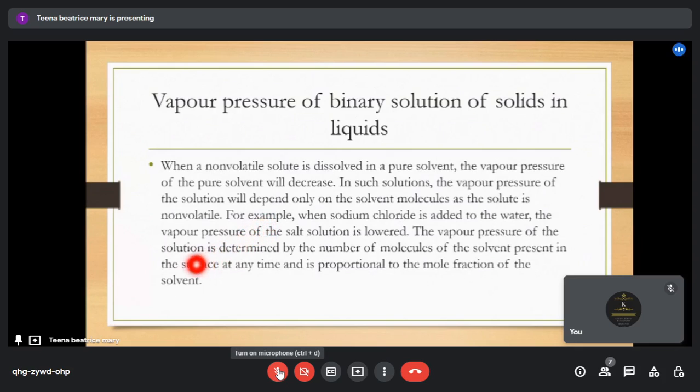So the vapor pressure of the solution is determined by number of molecules of solvent present in the surface at any time. So surfaceல இருக்க solvent தான் higher amount நமக்கு வந்து இங்க present ஆயிருக்கு. எந்த அளவுக்கு solvent வந்து அந்த surface ஆக்குபை பண்ணிருக்கு அதை பொறுத்து தான் வந்து vapor pressure இருக்கு அப்படின்றத சொல்றாங்க.